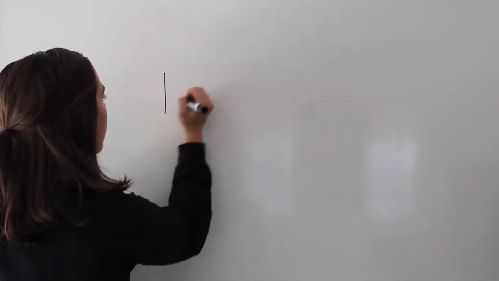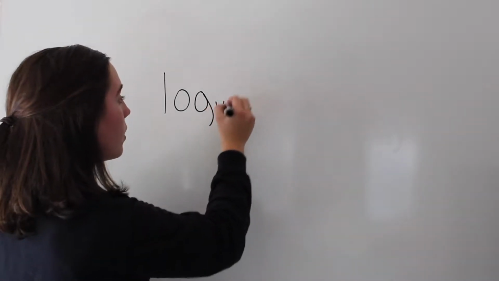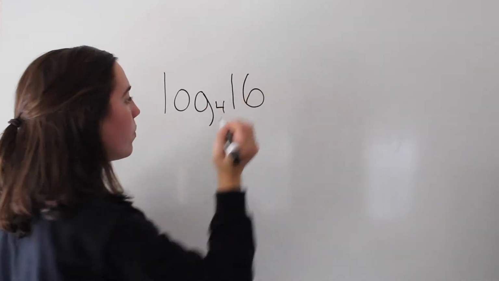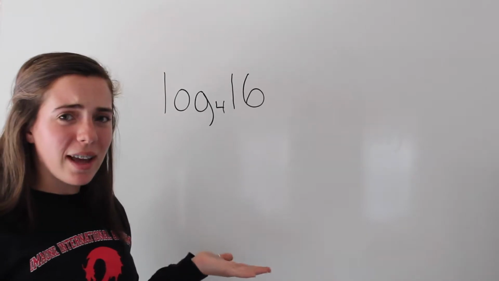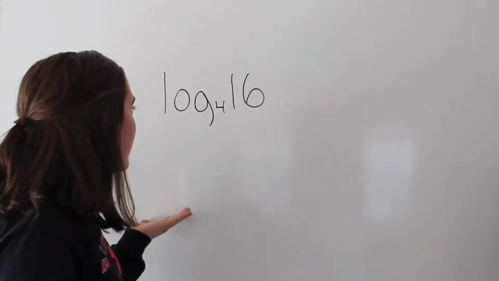So before we begin our problem, let's start with an example of a logarithm. Okay, so the example we will be doing is log base 4 of 16. Now, you may be looking at this and wondering, what does that even mean? So let's break it down.